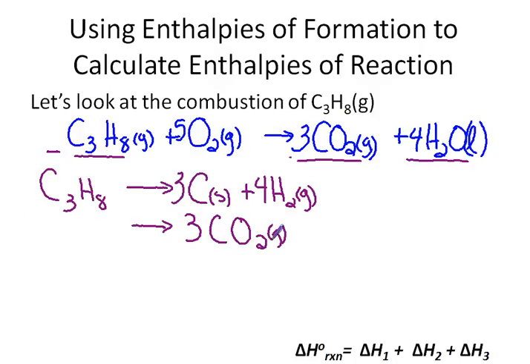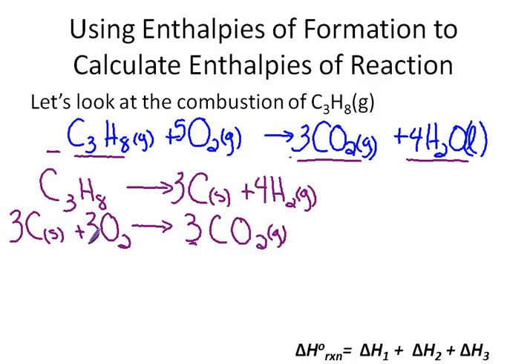It is formed from carbon, a solid, plus oxygen, which is the O2 form of oxygen, right? And we actually get 3 of those, if you look right here. So that means we need 3 carbons and we need 3 oxygens, okay?